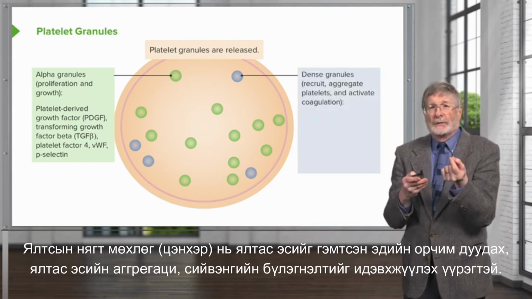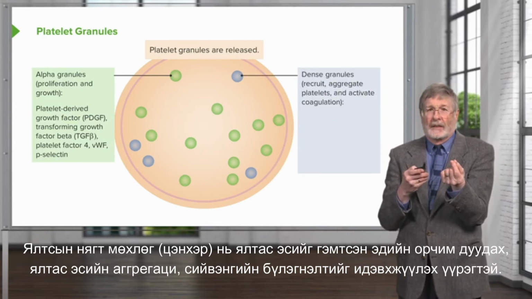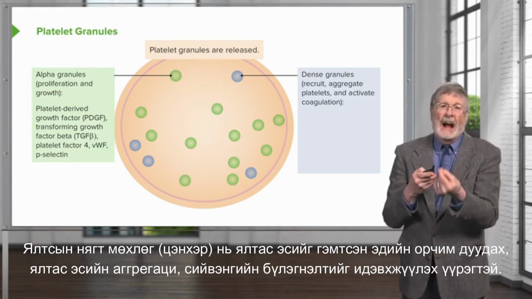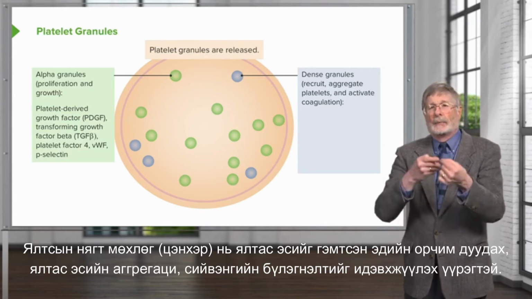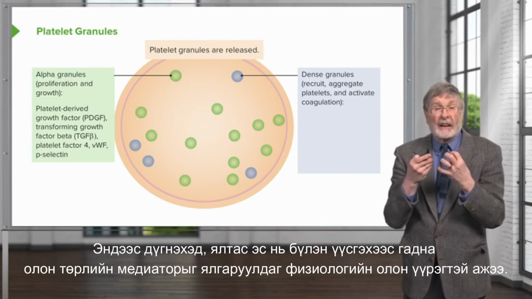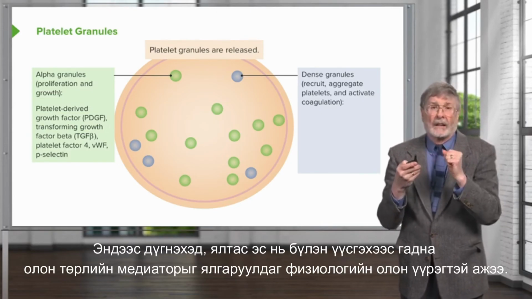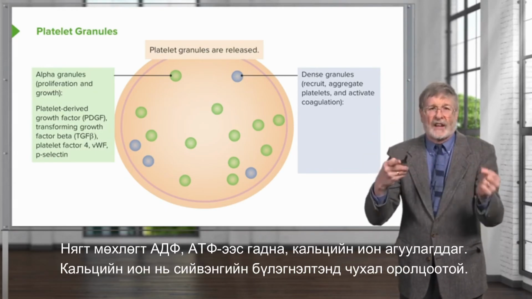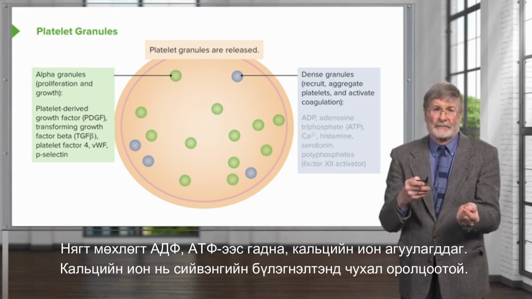The blue granules here are now called dense granules, and they're going to be responsible for recruiting and aggregating and activating platelets and the coagulation cascade. So platelets are doing a lot of things besides just being a plug. They're actually releasing mediators that will drive many of the important secondary effects.